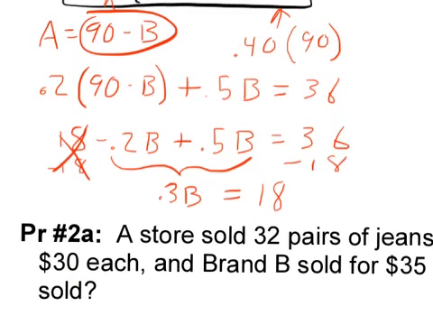And lastly, I have a 0.3 and a 0.3, so I'm going to divide both sides by 0.3. And when I divide 18 by 0.3, I get 60. So I have 60 milliliters of solution B.